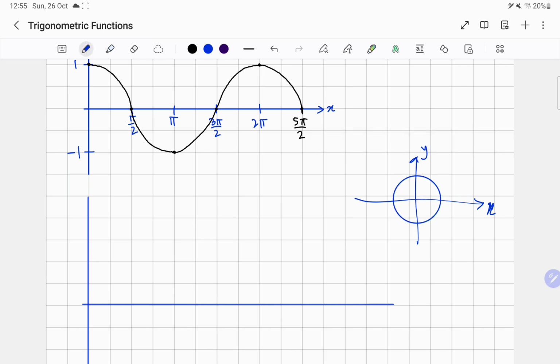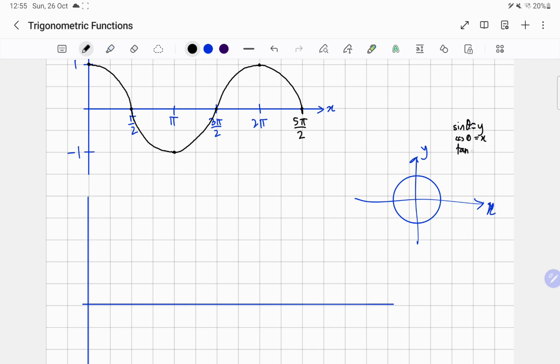Okay, we normally use this circle to identify tangent. For sine theta, we take the y coordinate. For cosine theta, we take the x coordinate.